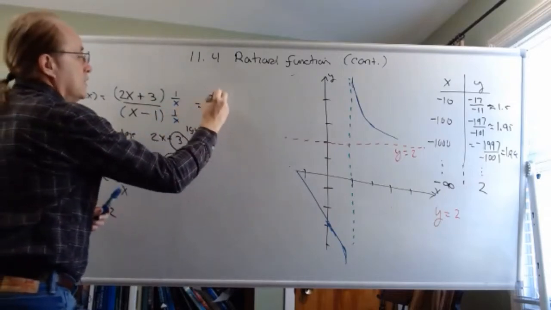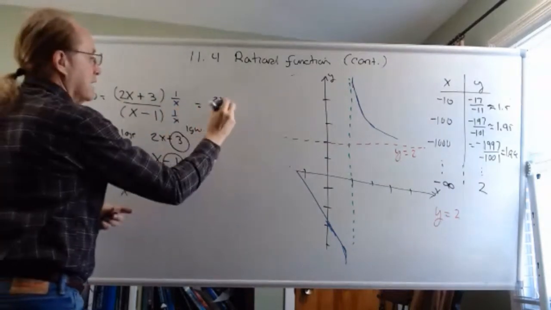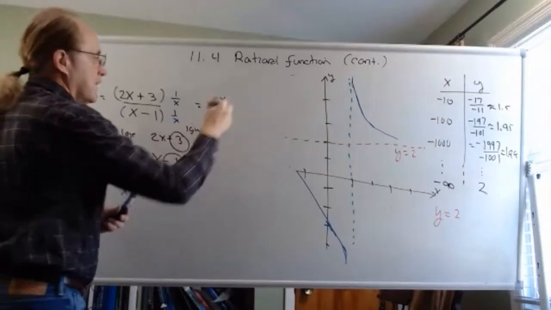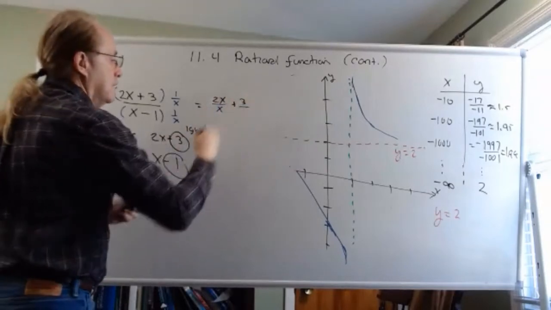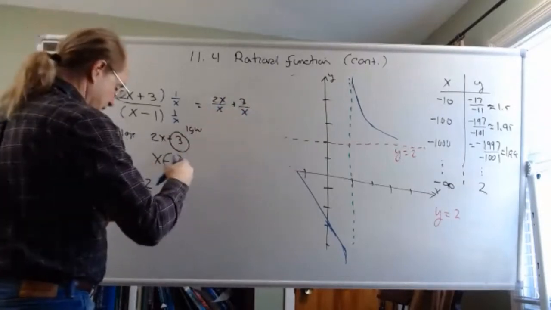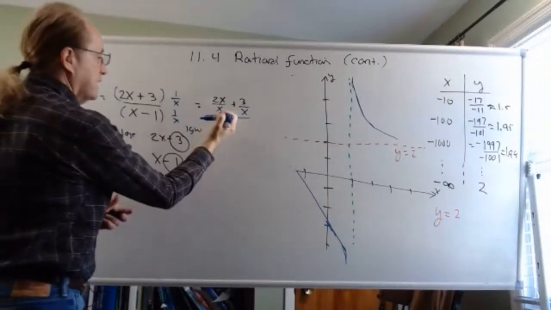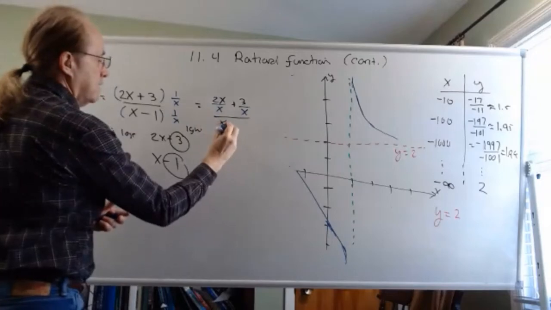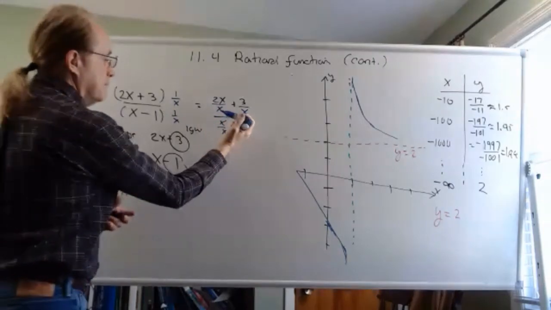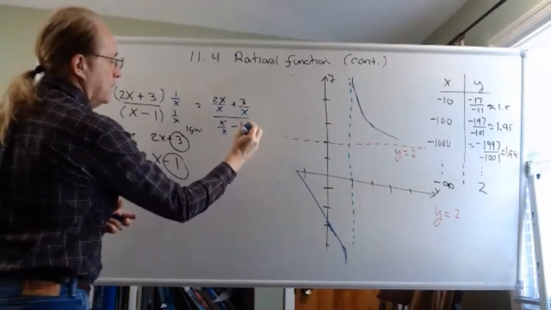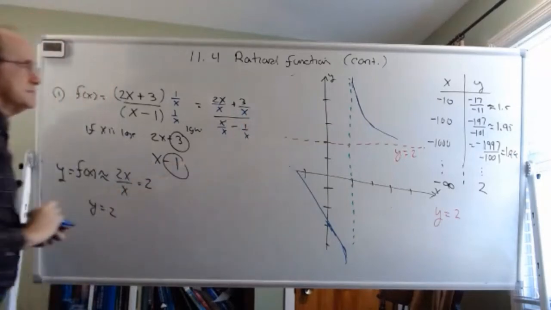That gives me 2x over x plus 3 over x in the numerator. And then in the denominator, I have x over x minus 1 over x.